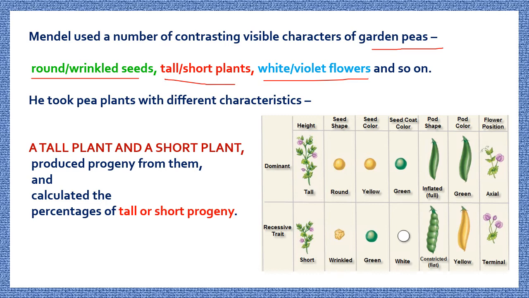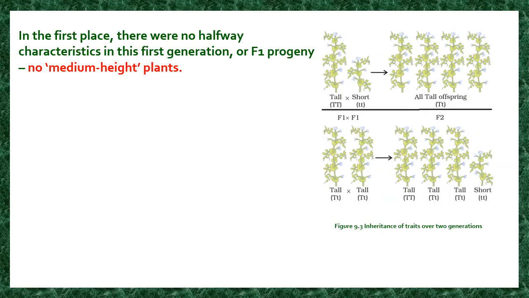In his experiment with a tall plant and a short plant, he produced progeny from them and then calculated the percentage of tall or short progeny. Now let me show you what the result was. In the picture you can see this is the tall plant, and this one is the short plant that he took for his experiment.